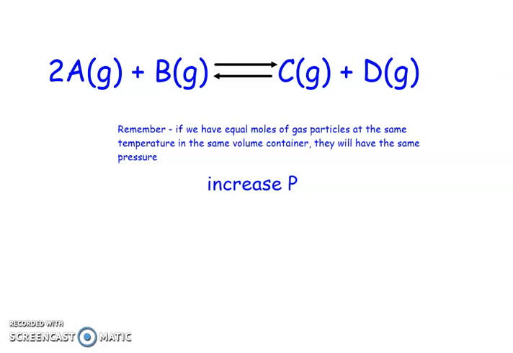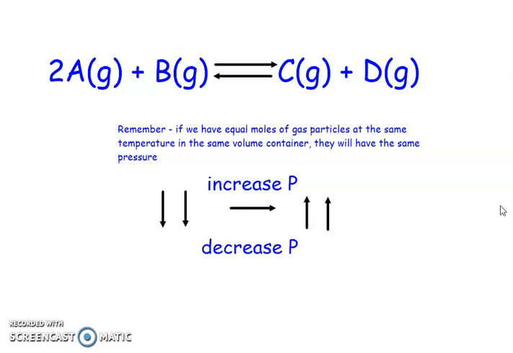So if I increase the pressure, it's going to shift to the side that has fewer moles of gas, which means the side that has fewer moles of gas is going to increase. In this case, I would produce more moles of C and D, using up my A and B. The side with more moles of gas is going to decrease. The side with fewer moles of gas is going to increase.